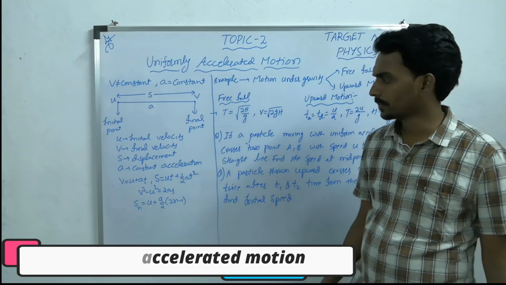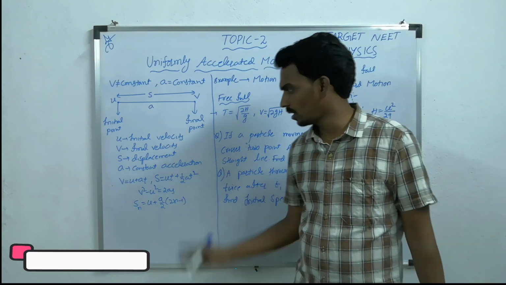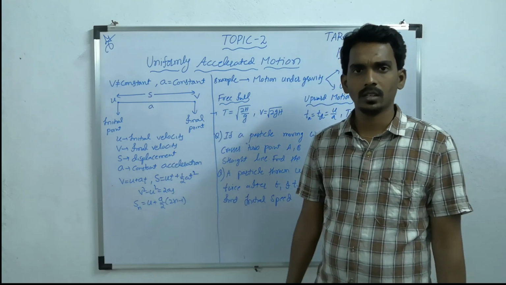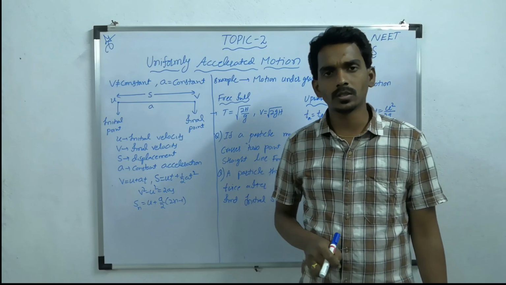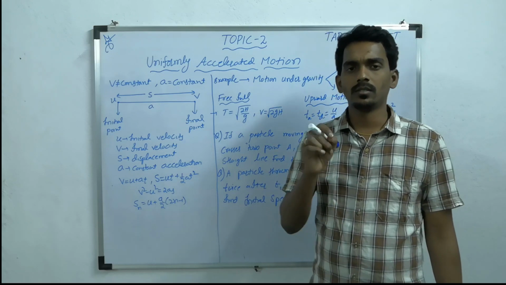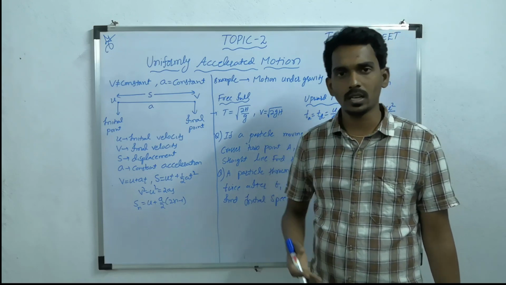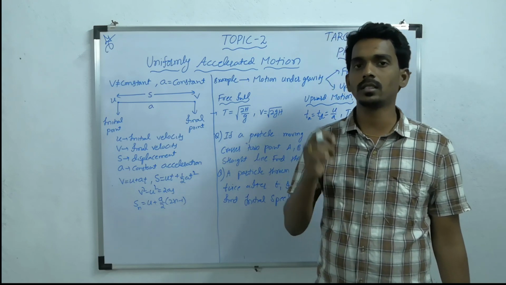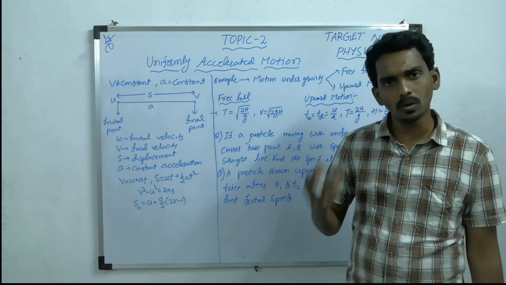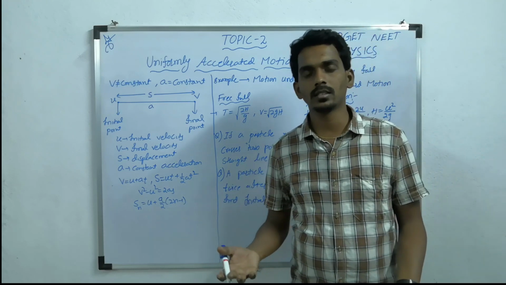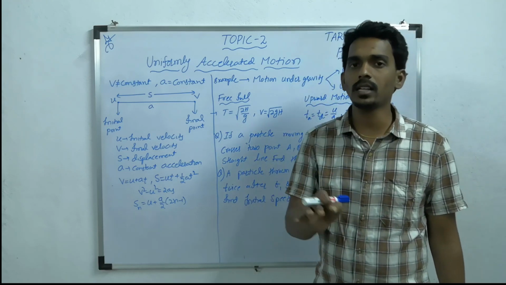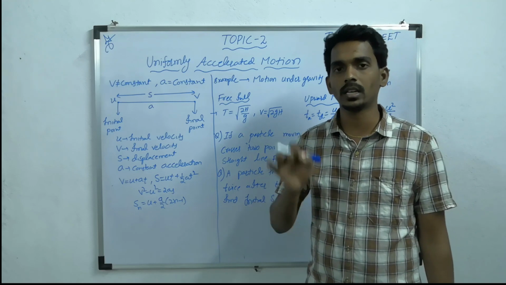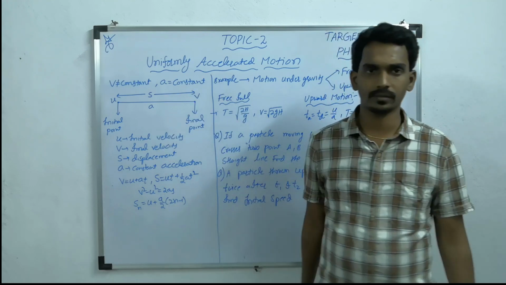One is these three or four formulas. What is the condition of uniformly accelerated motion? The velocity keeps on changing but the acceleration remains constant. Of course, where there is an acceleration, there must be a change in velocity, but the acceleration of the body or particle remains constant.